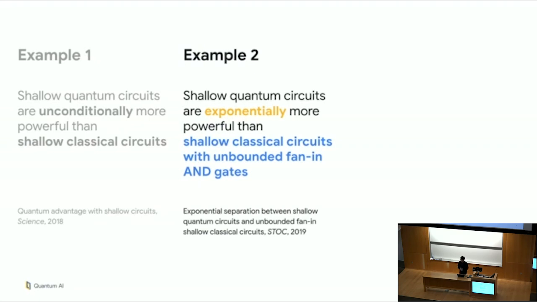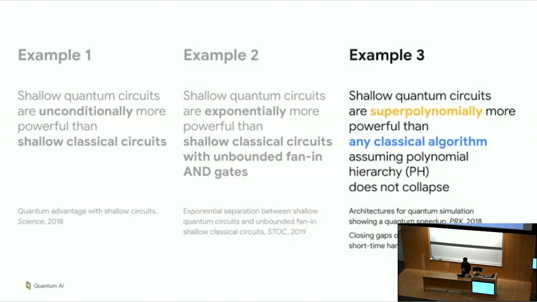While these two examples focus on comparing shallow quantum circuits with shallow classical circuits or versions of it, one can also compare shallow quantum circuits to an entire family of classical algorithms. That's a completely different line. One of the first few works is Architectures for Quantum Simulation Showing a Quantum Speedup, published in PRX 2018.